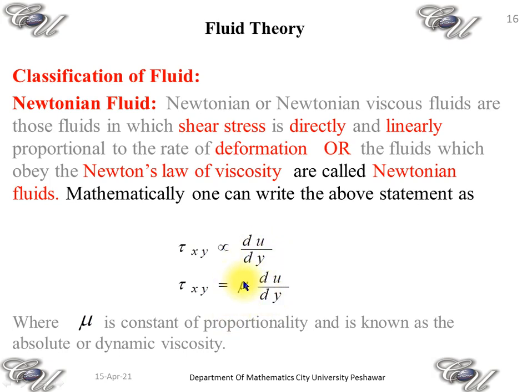This property is the constant of proportionality, and it is known as dynamic viscosity. So this is a constant, which means for Newtonian fluids, all the fluids have this property constant, not changing with respect to stresses.